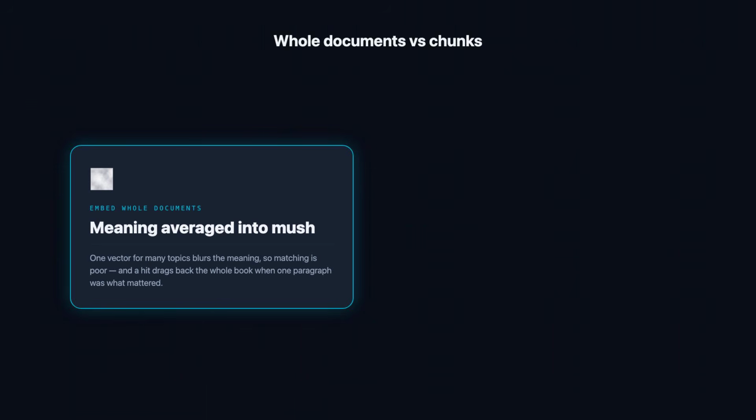First, let's see why we bother splitting documents at all. Suppose you embed an entire document as one single vector. All of its many topics get averaged together into a blurry smear of meaning, so it matches queries poorly. And when it does match, you retrieve the whole book when only one paragraph was ever relevant, drowning the model in noise.